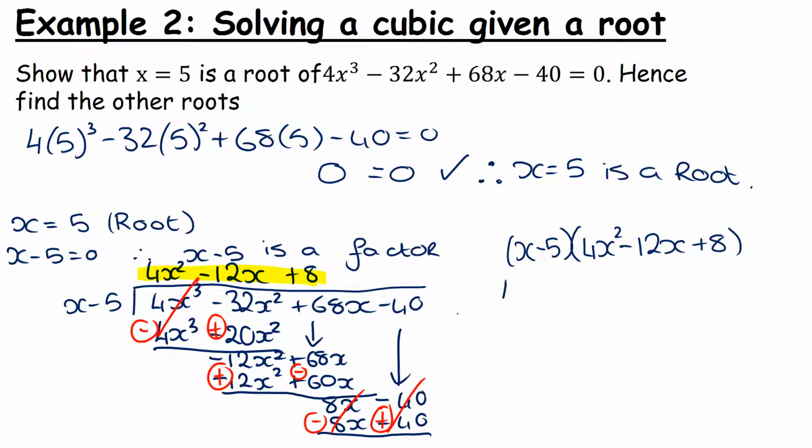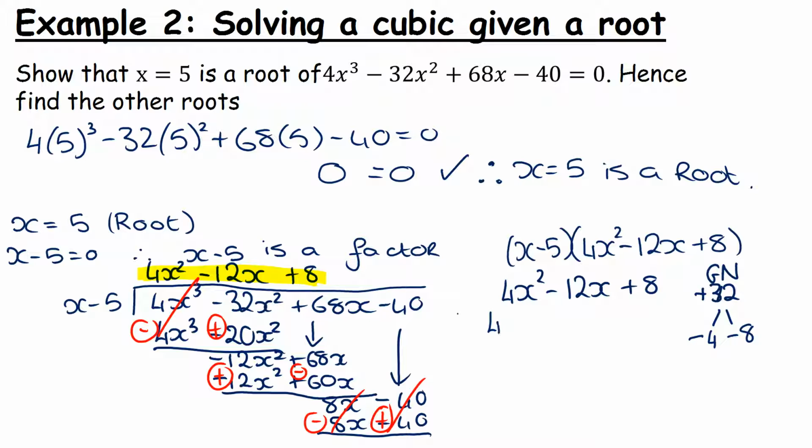So let's work on factorizing this further. 4x squared minus 12x plus 8. Our guide number here is plus 32, and the factors of plus 32 that will work for us are minus 4, minus 8.